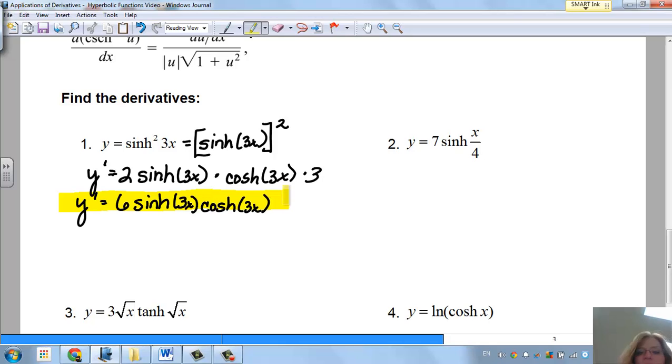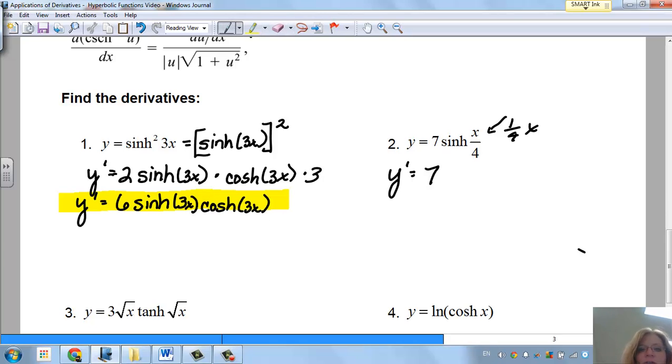Number 2, I've got y equals 7 hyperbolic sine of x over 4. Again, you guys could probably do this without looking because we've done this before. This is 1/4 of an x. So I'm going to do 7 times the hyperbolic sine, or sinh, of x over 4. The derivative of sinh is cosh.